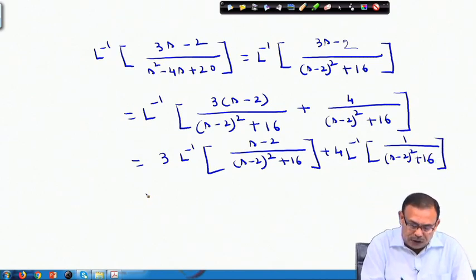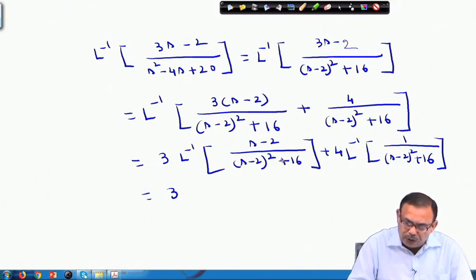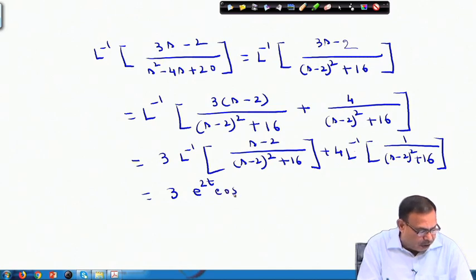L inverse of this directly I cannot bring into the form, because here you have s minus 2 on both sides, therefore, e power will come. So, this is actually 3 e power 2 t into s by this form. So, it will be cos 4t.